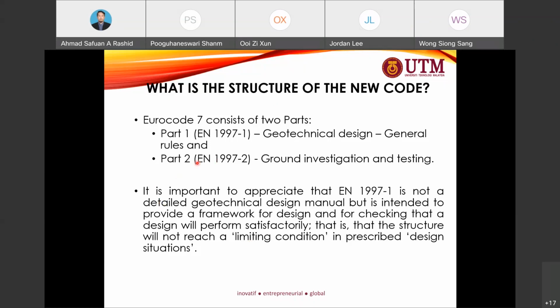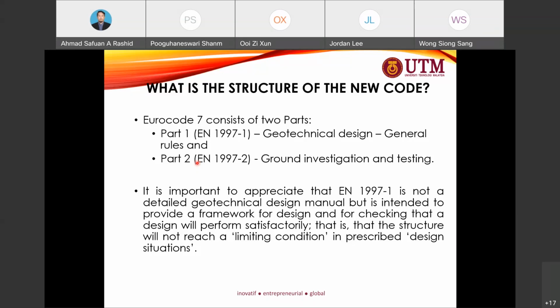However, in Malaysia, we still use wash drilling during the soil investigation work, because rotary drilling is not very common in Malaysia, and most of the contractors are still using wash drilling.